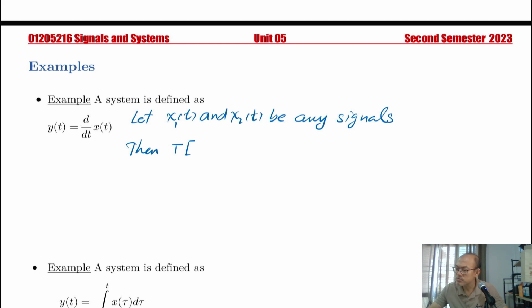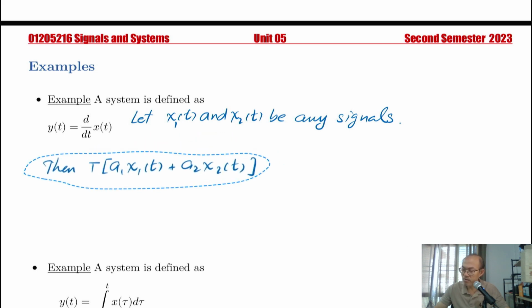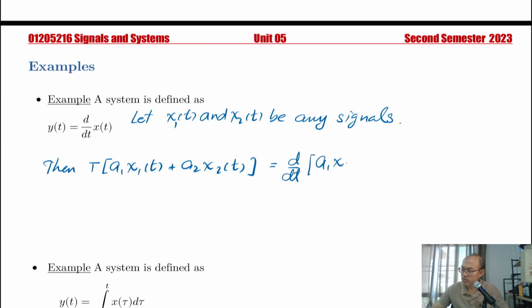Then T of a1 x1 plus a2 x2, by the problem, is equal to d by dt of a1 x1 plus a2 x2. Now we learn from calculus that we can take the derivative inside the parentheses, right?